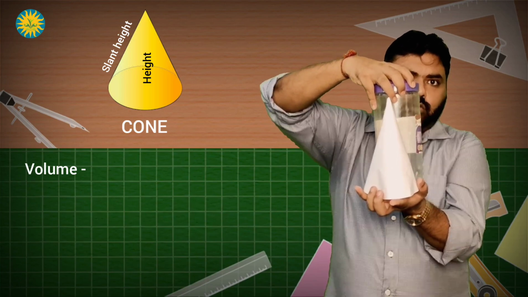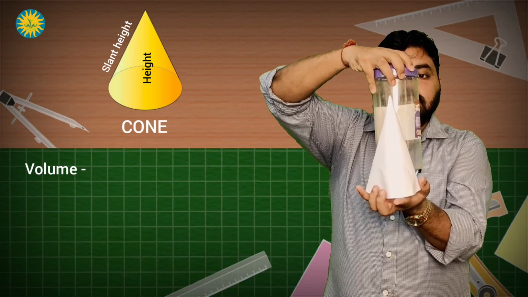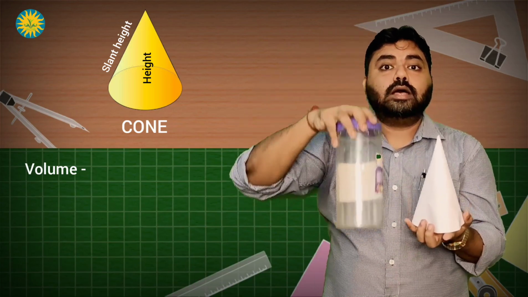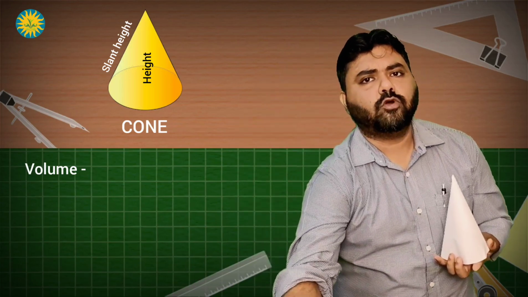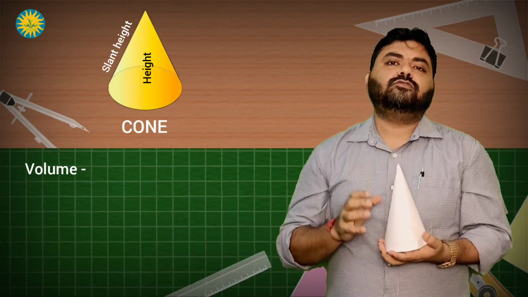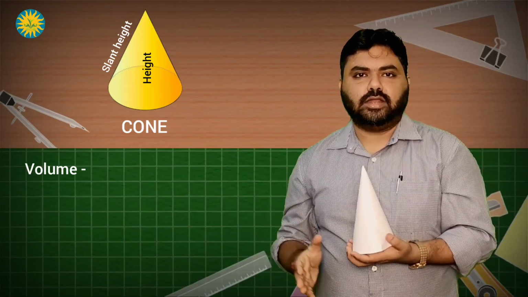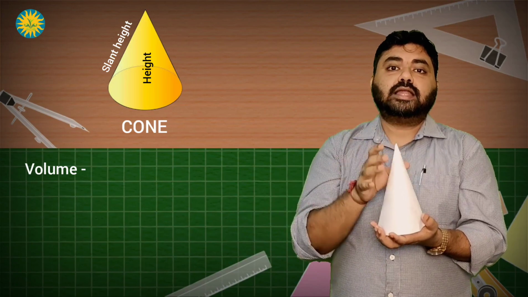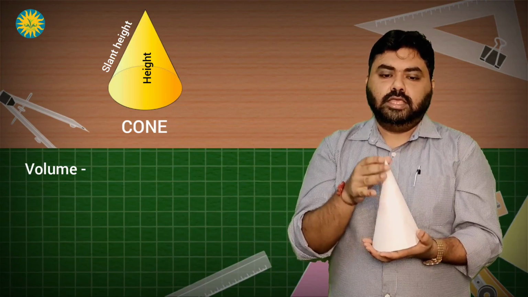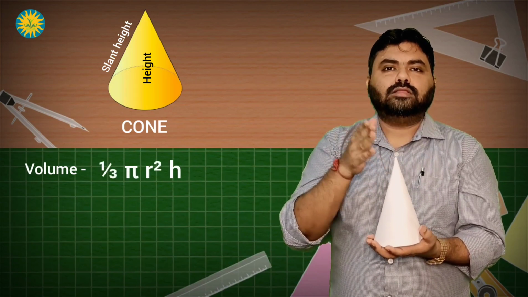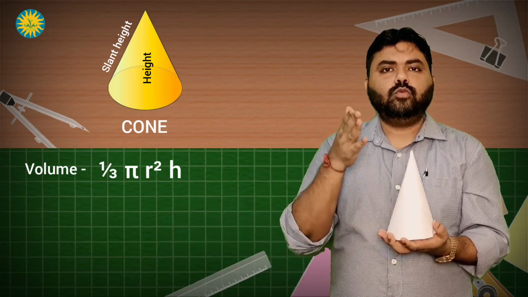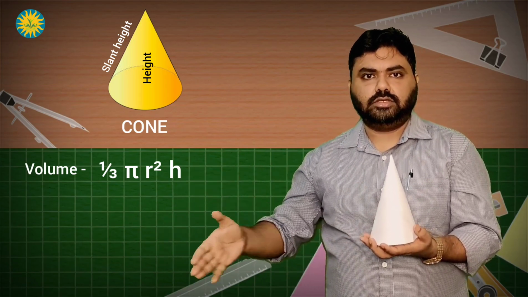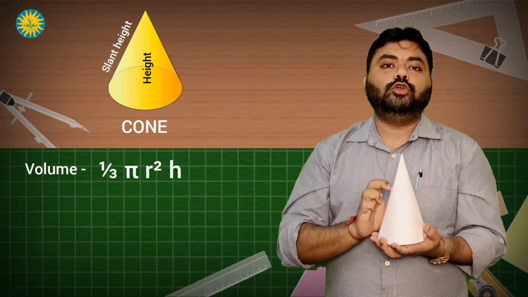Therefore, 3 cones can form a single cylinder. So if the volume of a cylinder is pi r square h, the volume of a cone, being the 1/3 part of the cylinder, will automatically be 1/3 of the volume of a cylinder. Therefore, 1/3 pi r square h.